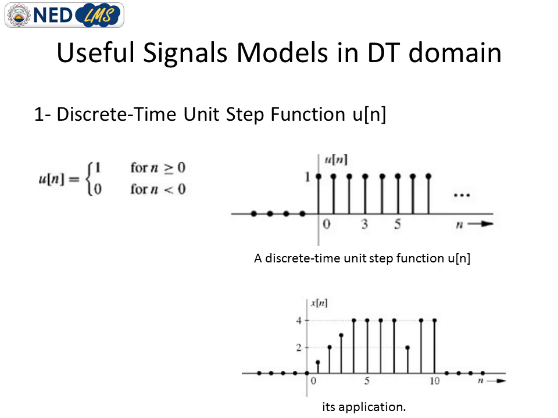The second point is the application of the unit step function, similar to what we discussed in continuous time domain. If we want to start a signal at n equal to 0 so that it has 0 values for n less than 0, we need only multiply the signal by u[n]. The same is valid in discrete time domain.